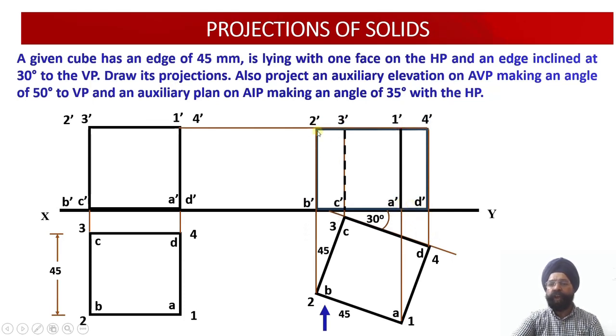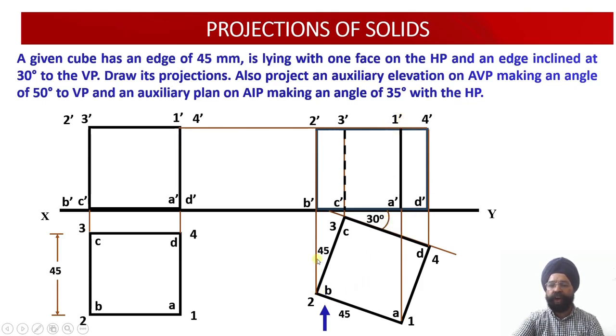Similarly, 1, 2, 3, 4 were the points of the top face. So this is the point 3. The horizontal projectors through 1, 2, 3, 4 are all lying over here as 1 dash, 2 dash, 3 dash and 4 dash. The vertical projector through 1 and the horizontal projector through 1 dash will give us the projection of the 1 dash point.